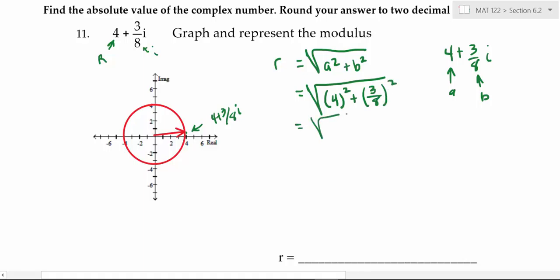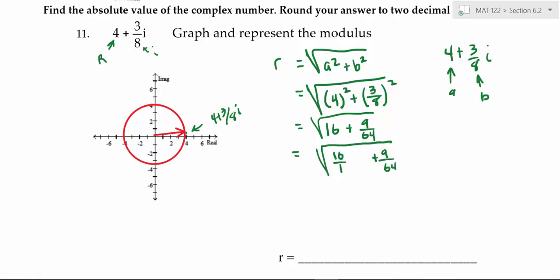So then we're going to have 16, and this is going to be 9 over 64. You can get a common denominator, so I'm going to write that as 16 over 1 plus 9 over 64.